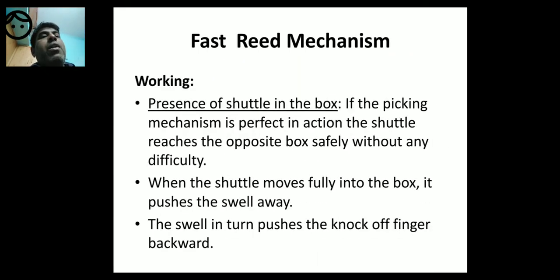Working: presence of shuttle in the box. If the picking mechanism is perfect in action, the shuttle reaches the opposite box safely without any difficulty.